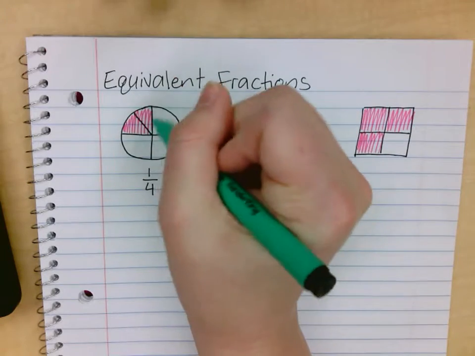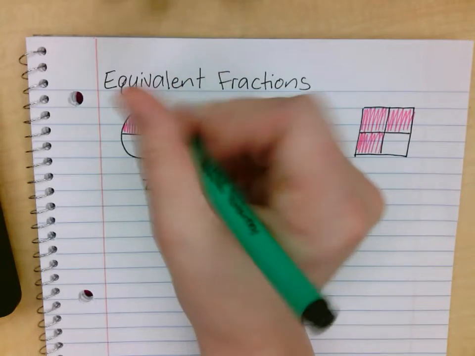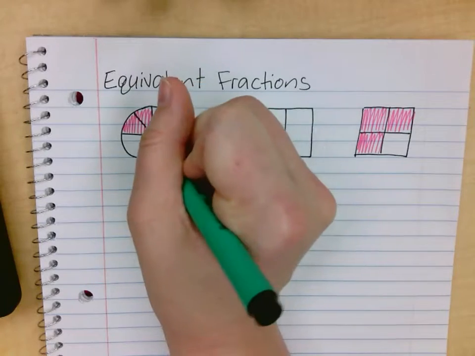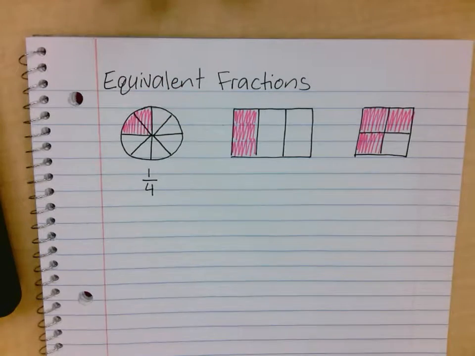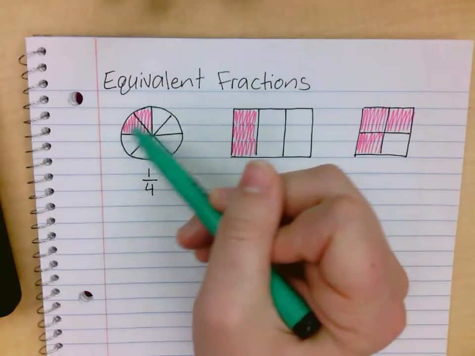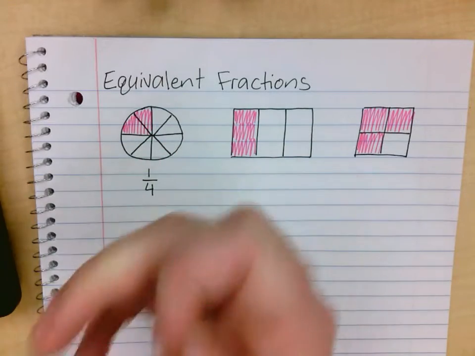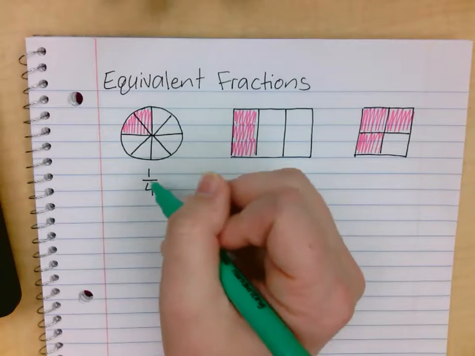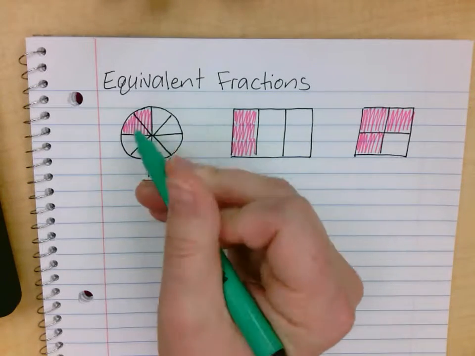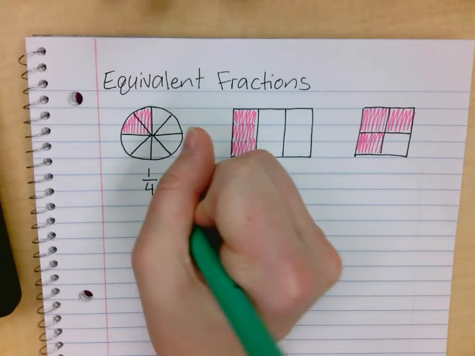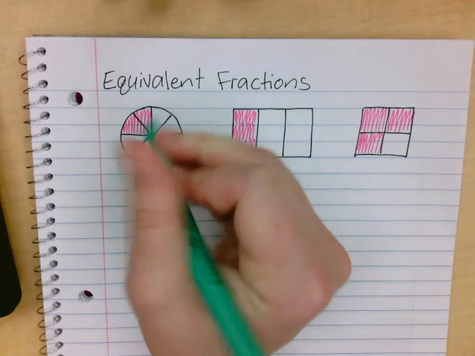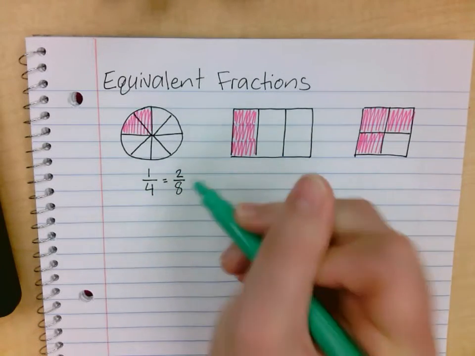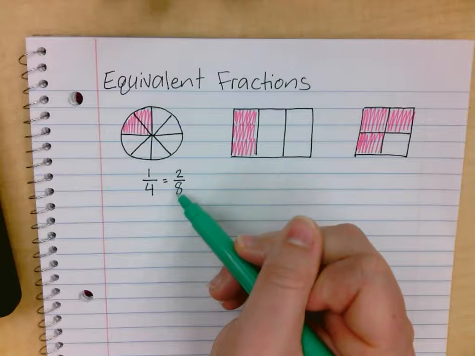But because I did it to one piece, I have to make sure I go and do it to every piece in the figure. So now I didn't change any shading. Nothing more is shaded and nothing less is shaded, but I just turned my shape into more pieces. So while the value is still 1/4, now there are 2 pieces shaded out of 8 pieces total. So I know that 1/4 equals 2/8.